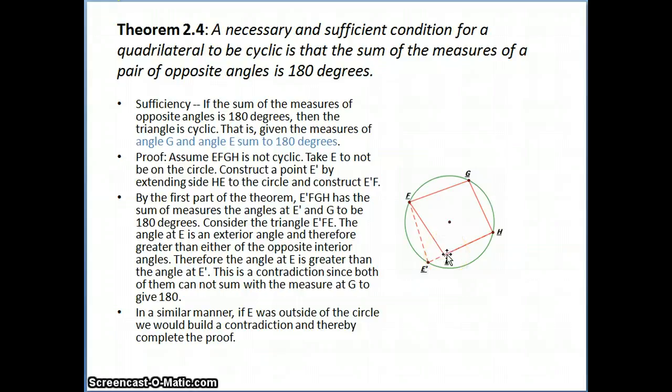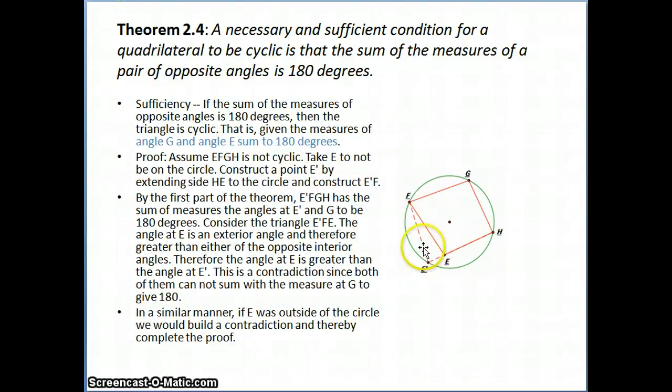So next we assume this E is not on the circle. We can extend one side, HE, intersecting the circle at E prime, and connect F and E prime.